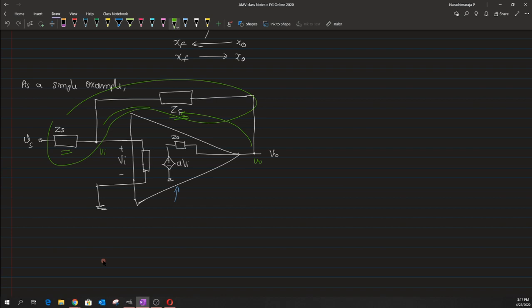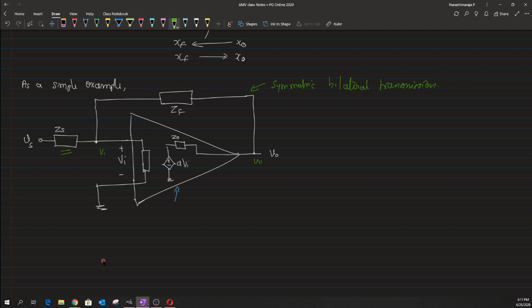So depending on the potential difference between the Vi and V naught, there are two ways by which the signal can flow through this impedance ZF. Basically what we have is a feedback network that seems to be a symmetric bilateral transmission.